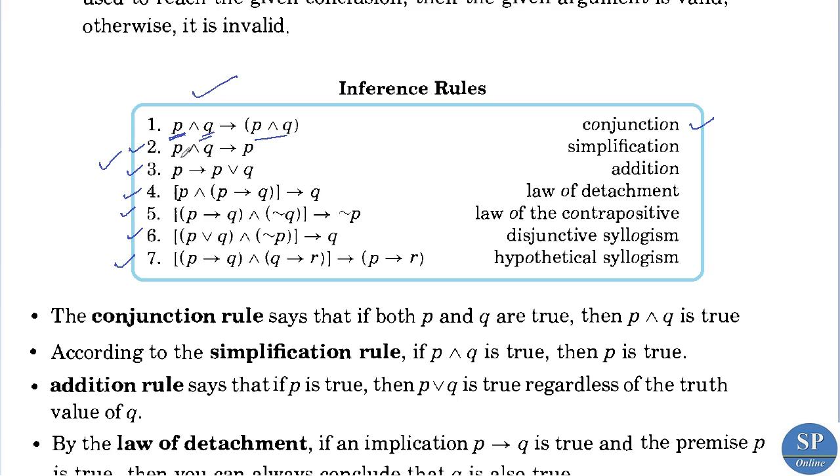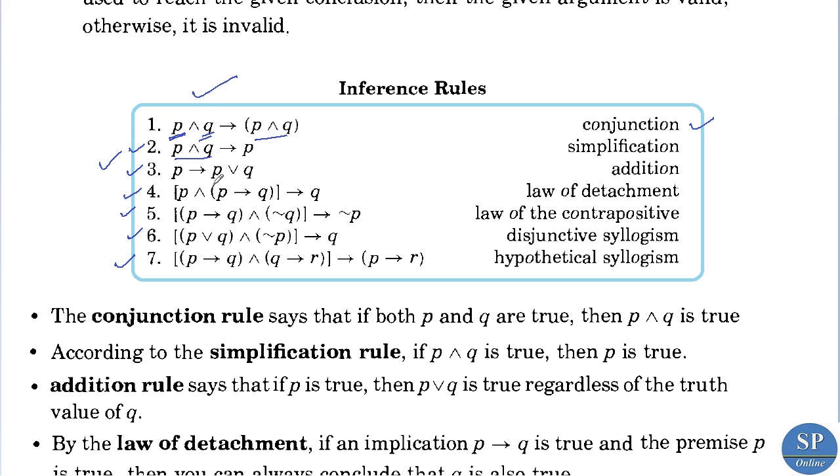Simplification rule says that if P conjunction Q is true, then P is true. We know directly that if P and Q are true, then P is true. That is the simplification.